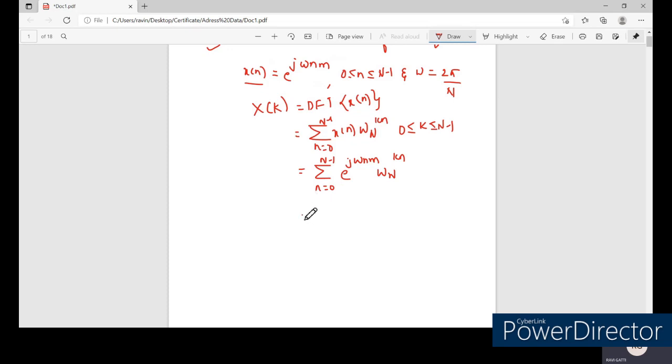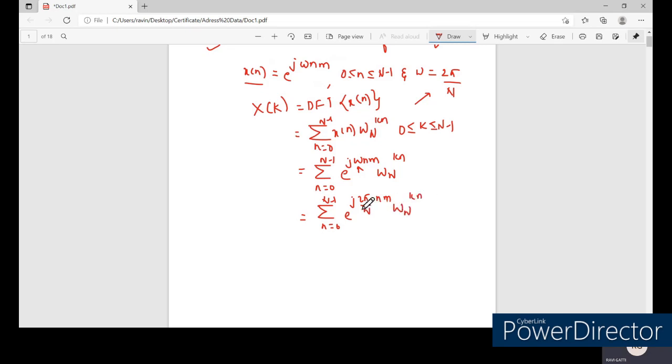Now let us substitute the value of omega, which is 2 pi by N. That is nothing but summation n is equal to 0 to N minus 1 e power j 2 pi by N into n m into W_N to the power of k n.